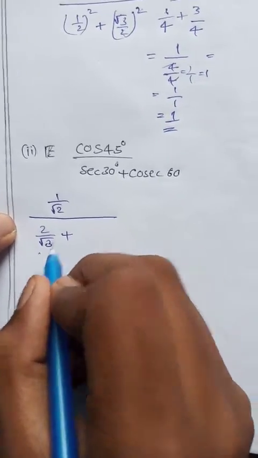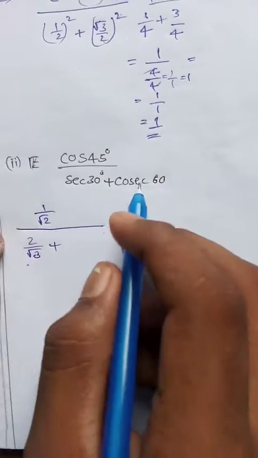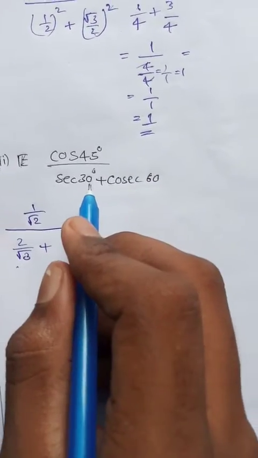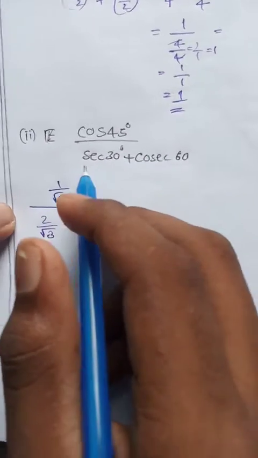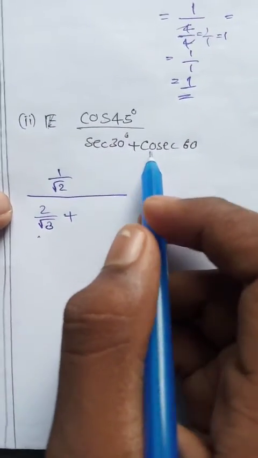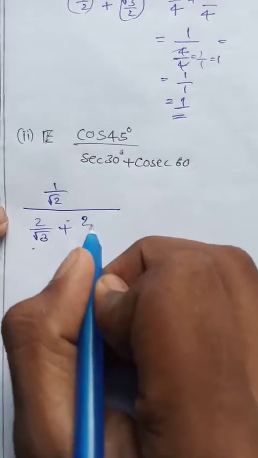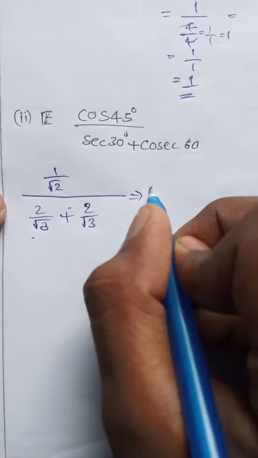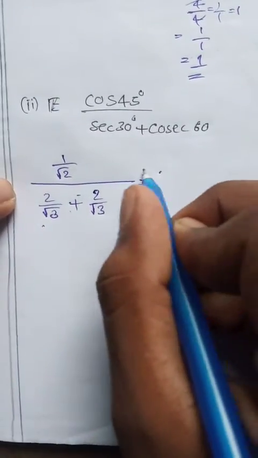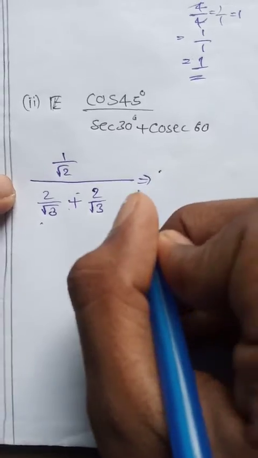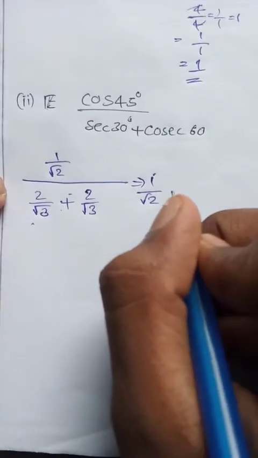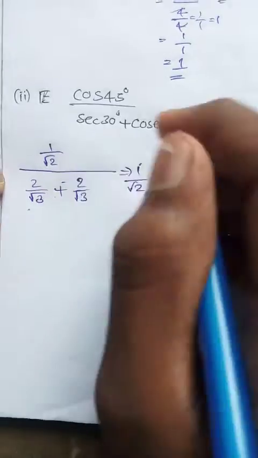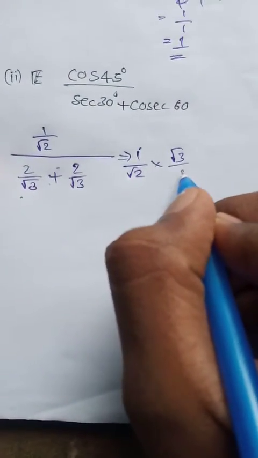Here we also said secant is reciprocal of cosecant and cosecant is reciprocal of secant, that's why secant 30 value and cosecant 60 value is the same, that's why 2 by √3. That means we have to multiply it on reverse, that's why 1 by √2 into the reciprocal, understand, reciprocal √3 by 4.